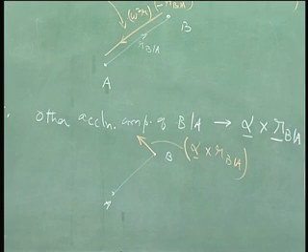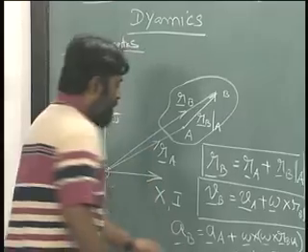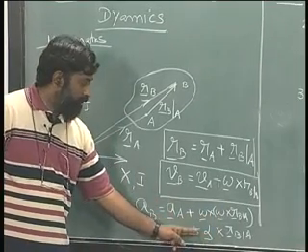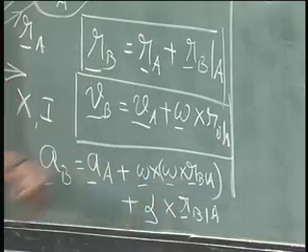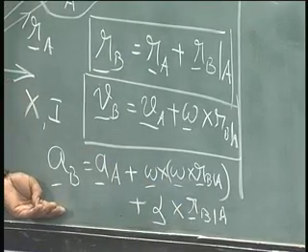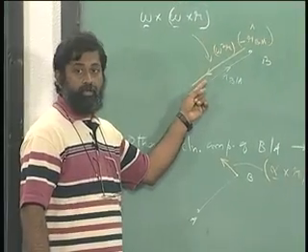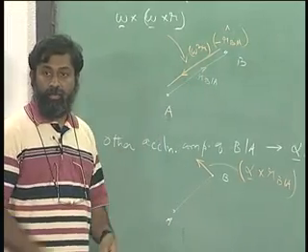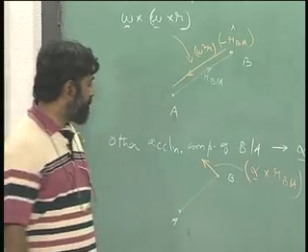So, given the acceleration at A, and the other values omega, alpha and RB with respect to A, I can find the acceleration of B by adding one component this way and another component this way, so that I can get the acceleration of B.